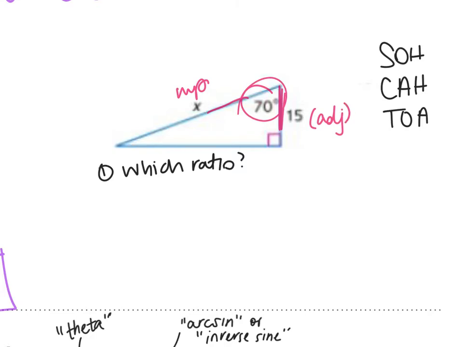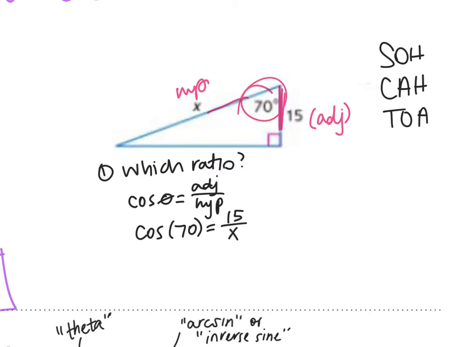So adjacent and hypotenuse, AH, we need to use cosine. The cosine of theta, or our angle measurement, equals the adjacent over hypotenuse. In this case, we'll have cosine of 70, that is our angle, equals adjacent, 15, over our hypotenuse, which is x.